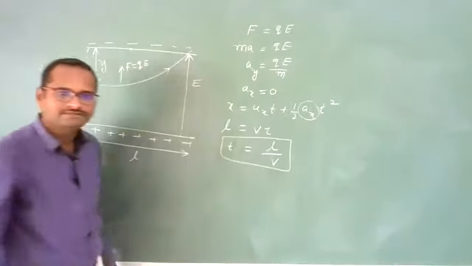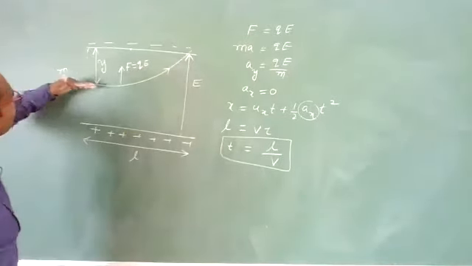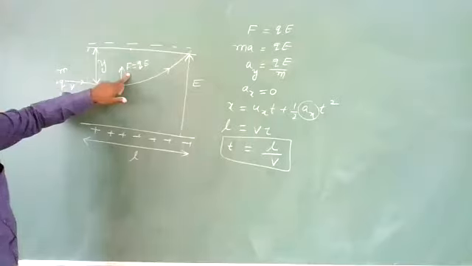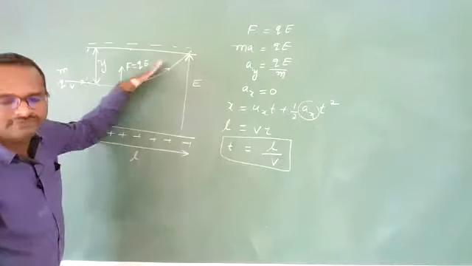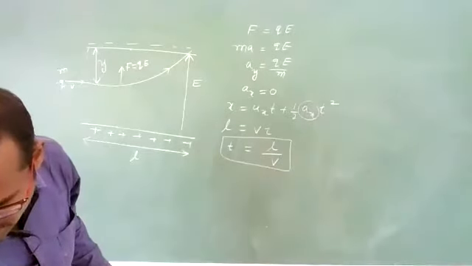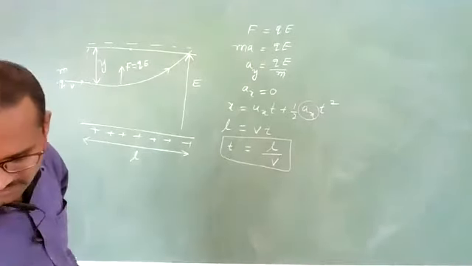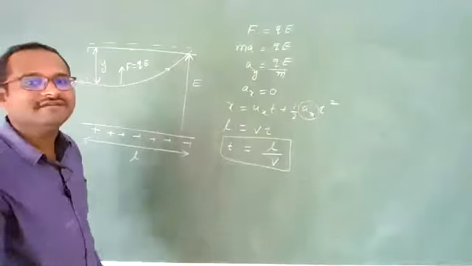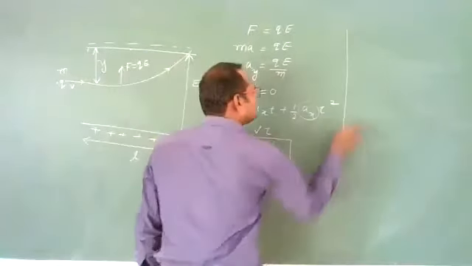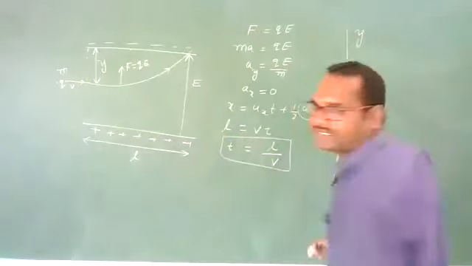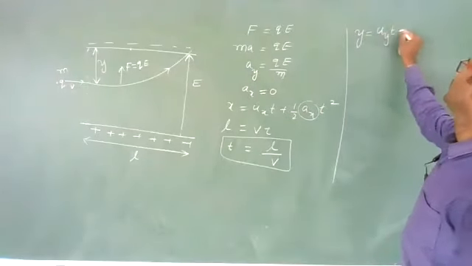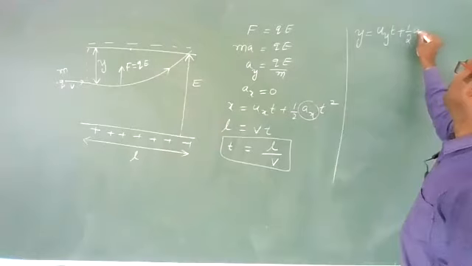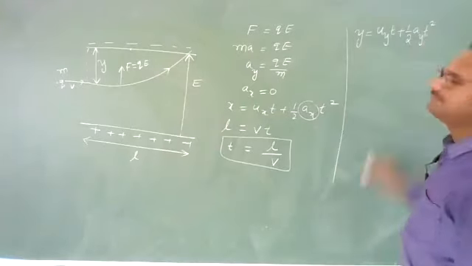Are you getting? Then, so when it is going like this, due to that force acting in upward direction, it will deviate from its original path. So how much it will get deviated, that we need to find. See, we know vertical displacement is given as y is equal to uyt plus half ayt square, as you know.